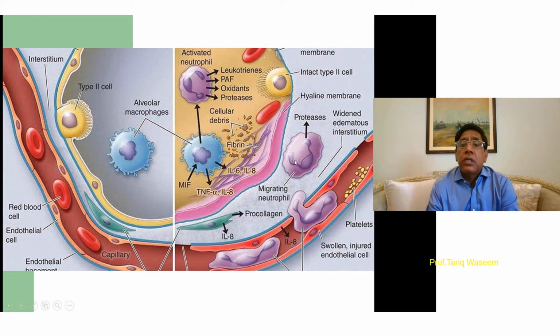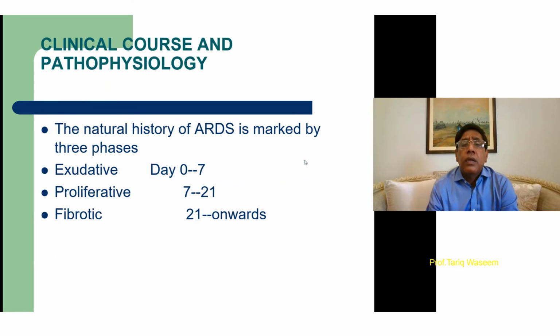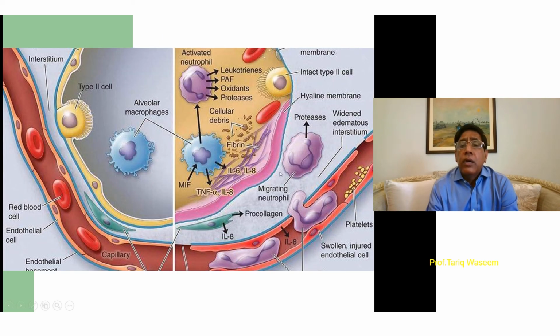Now these white blood cells which come over here release proteases. Proteases are enzymes, and these enzymes start damaging the cells. The fibroblasts start secreting interleukin 8, and they also secrete procollagen.